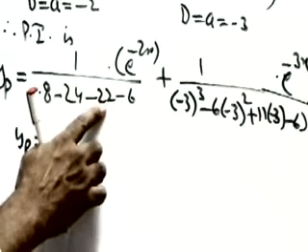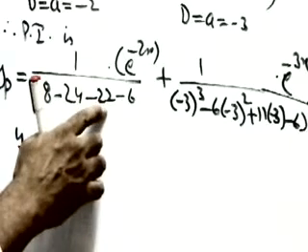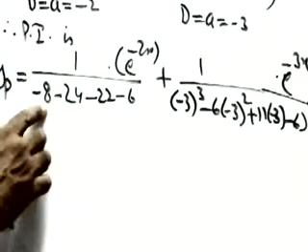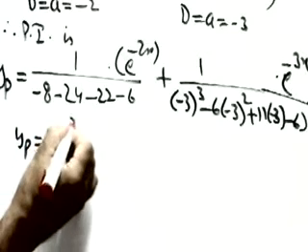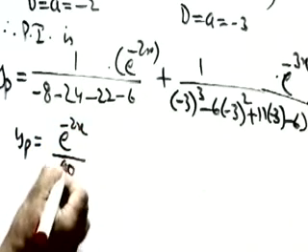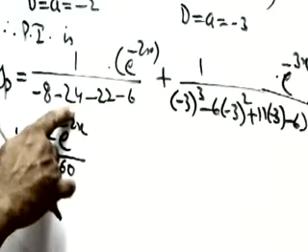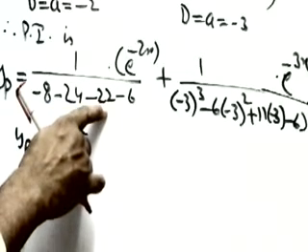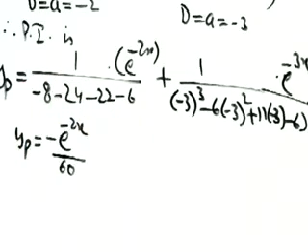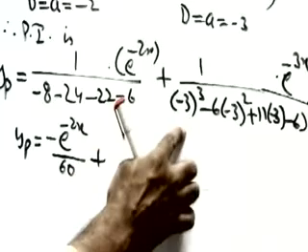See here, yp equals to what will happen, this one: 22, 24, 30, 40, 46, 46, 52, 60. This will become e power minus 2x divided by 60, minus. Again you see here, this is 24, 34, 44, 46, 52, 60.